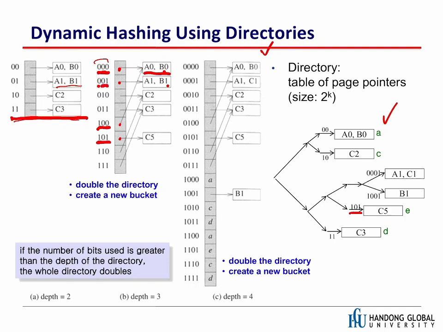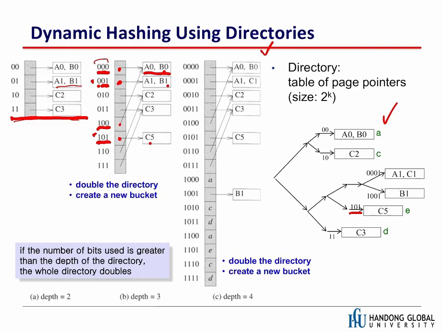In this case they have the same pattern, 01, but the first character is different. It's a 0 and it's a 1. So the A1, B1 bucket is pointed to by only this directory, and the C5 bucket is pointed to by only this directory.